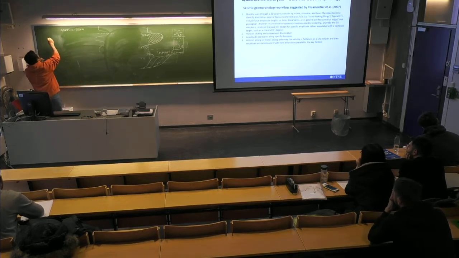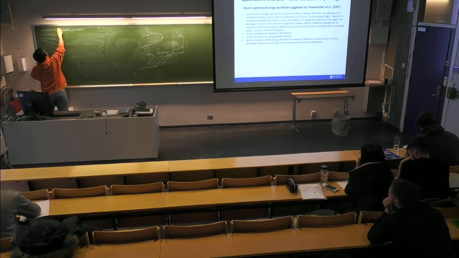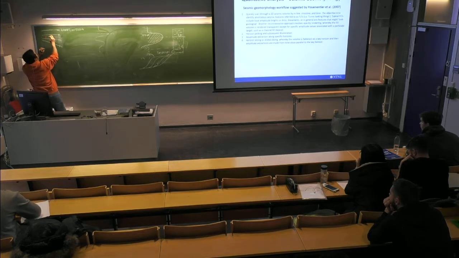Horizon slicing means, if you have horizons like this, horizon 1, horizon 2, horizon 3, horizon 4, you extract the amplitude at these horizons, at this point, at this point, at this point.